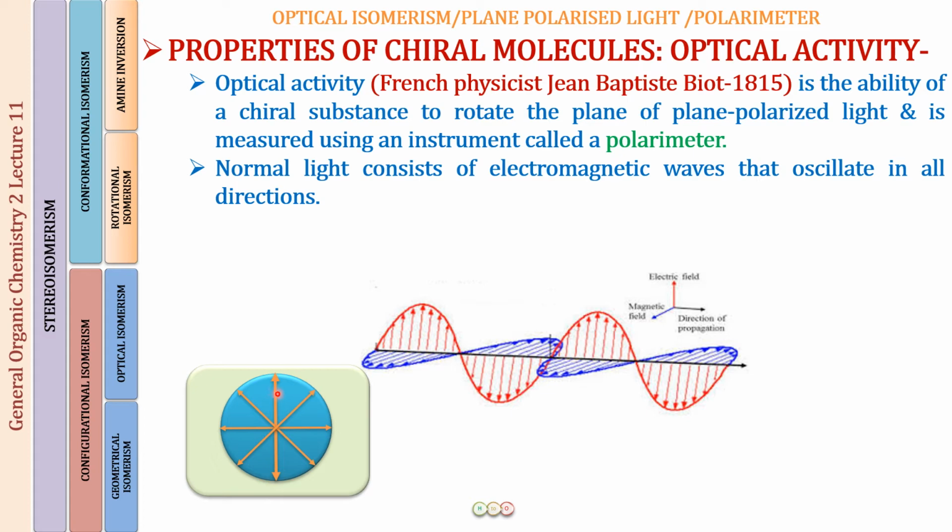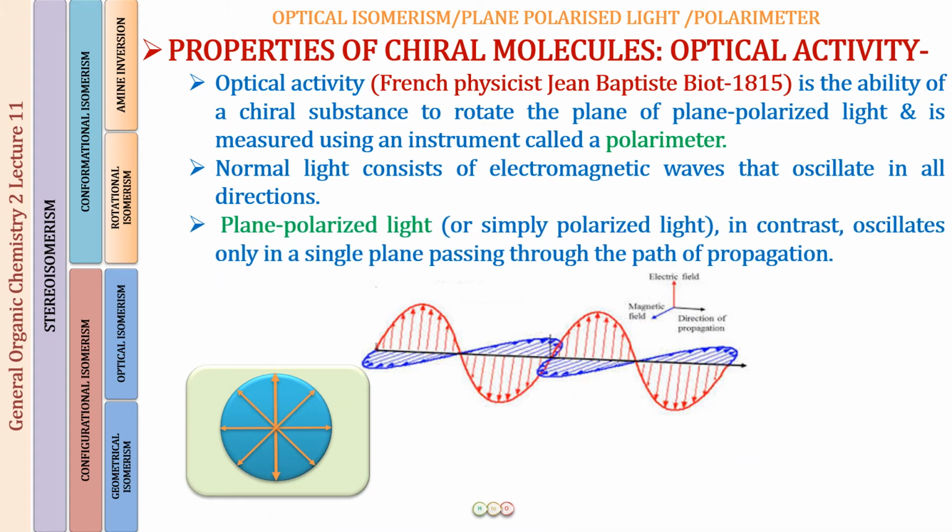Alright, so we can say that the electric field is oscillating in all directions. Perpendicular to that, the magnetic field is oscillating in all directions, and perpendicular to both of these, the light is traveling in all directions. Fine. So this is if you see it standing at this point, and if you could see all these oscillations.